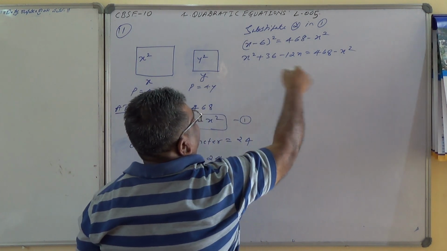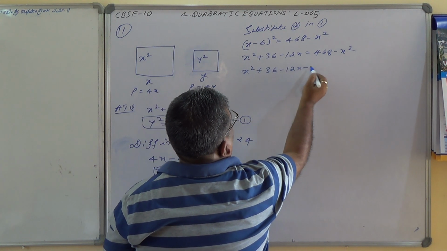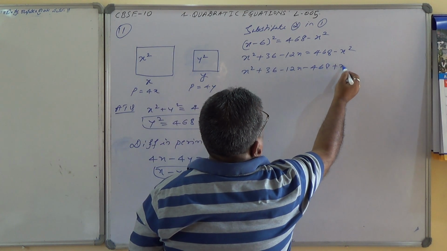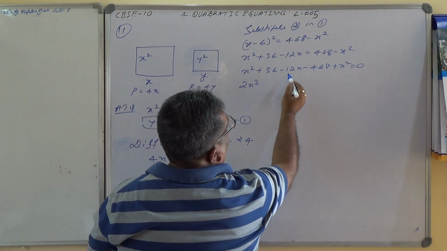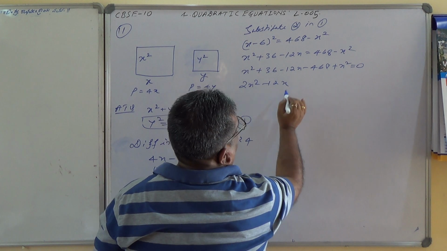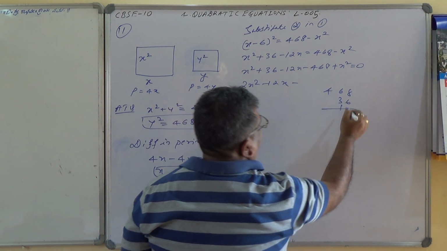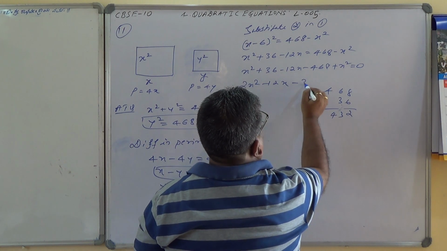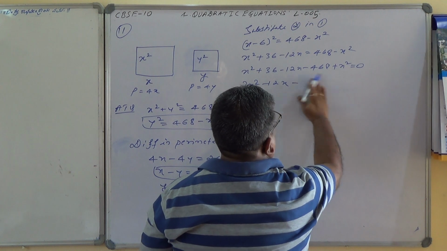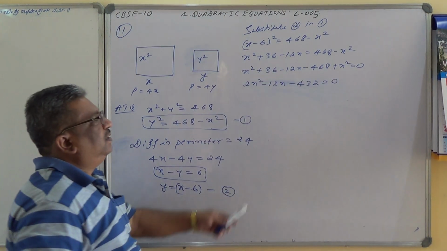Bring everything to this side: x square plus 36 minus 12x minus 468 plus x square equals 0. So 2x square minus 12x minus 432 equals 0.